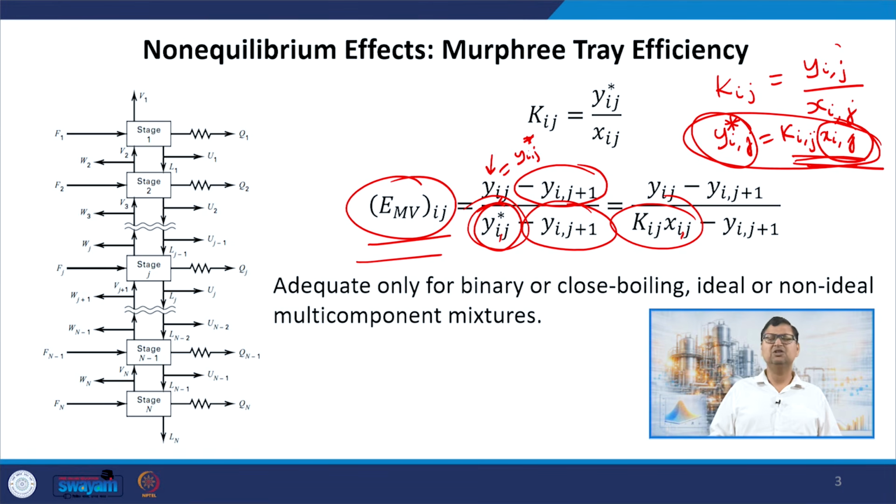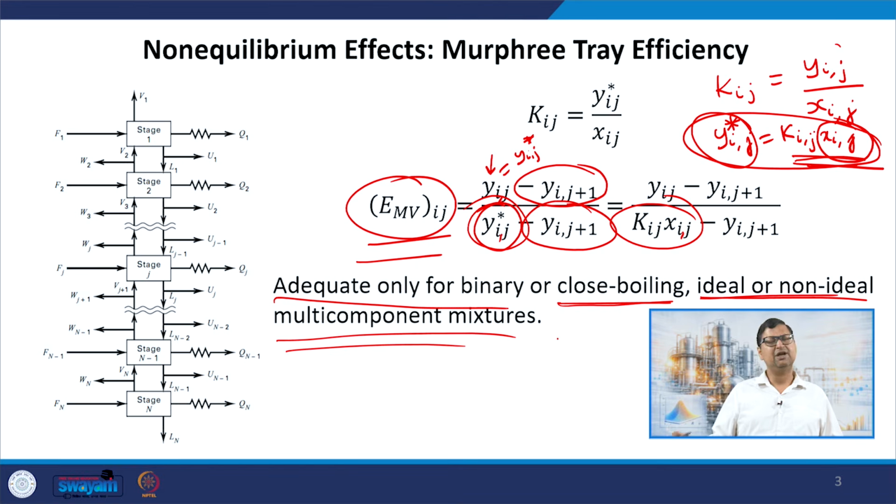It turns out that although it is used quite a lot, it is actually adequate only for binary mixtures or very close boiling, that is, having similar boiling points, ideal or non-ideal multi-component mixtures.